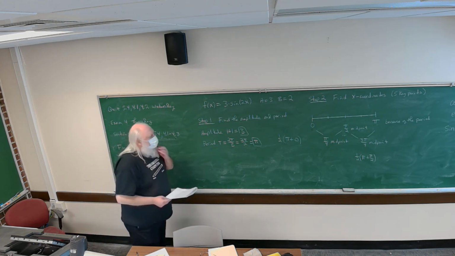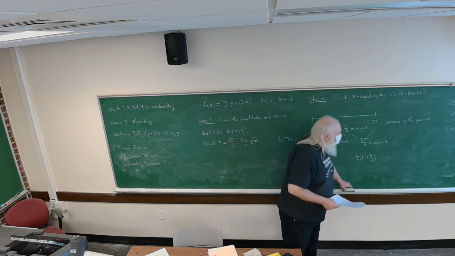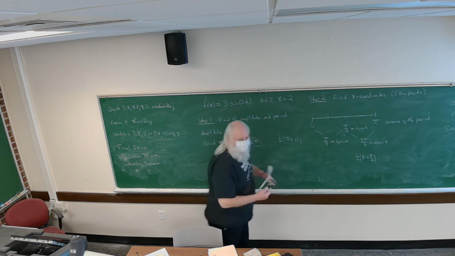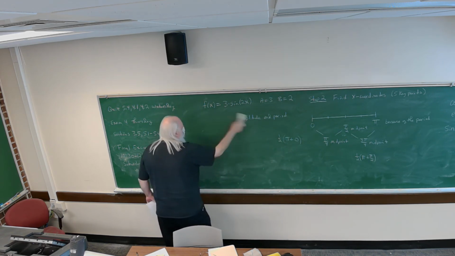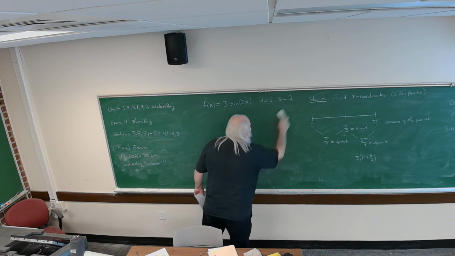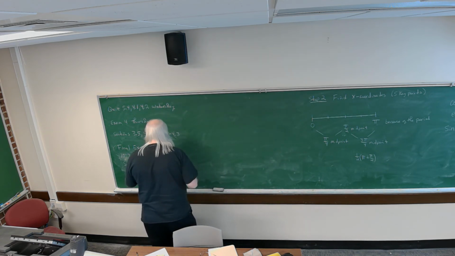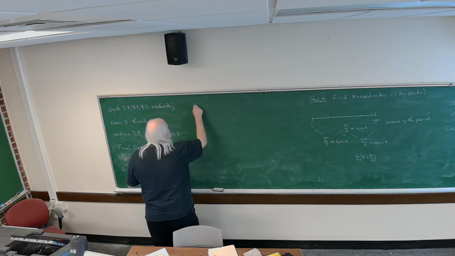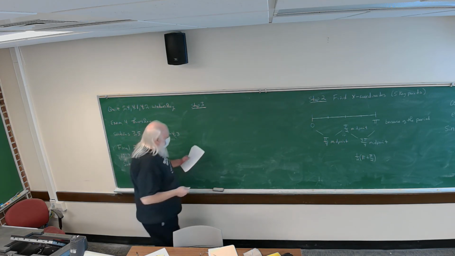All right. So now that we know the x coordinates, we've got to find the y coordinates for each x coordinate. You know how to do that. So step 3 is find the y coordinates, and then we just plot the points and play connect the dots.